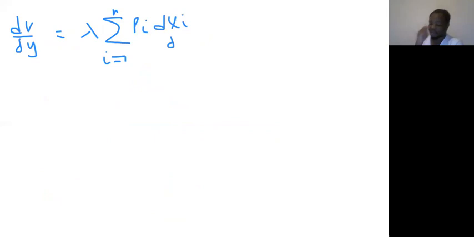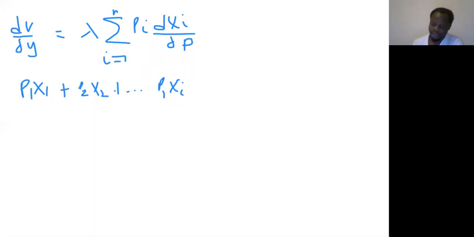So we are looking at the influence of changing price on a certain commodity. First of all, let's go back to our budget constraint: P1 X1 plus P2 X2 plus Pi Xi plus Pn Xn should be equal to Y. I'm differentiating this with respect to Pi.